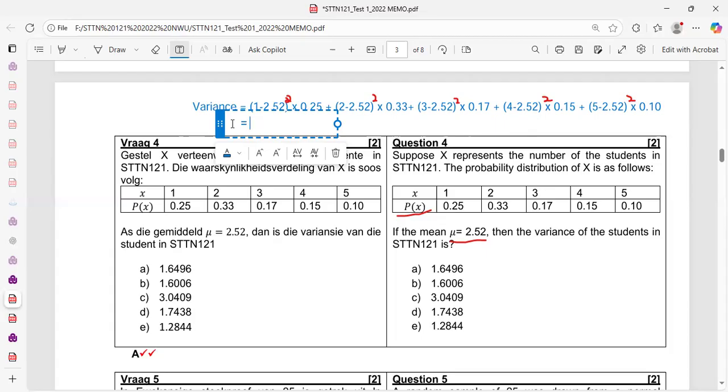I think I made a mistake. Okay, 1 minus 2.52 squared multiplied by 0.25. I'm going to verify something.